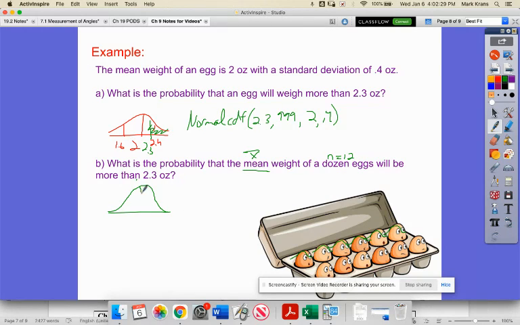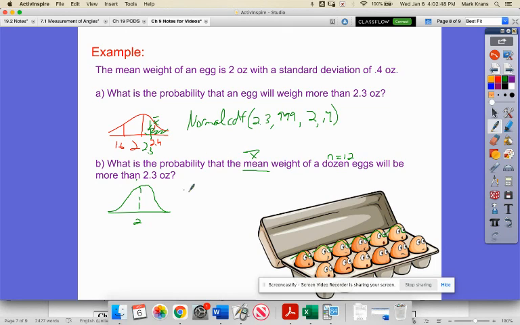And we're going to be centered at 2 still, but now for an x bar to be over here would require 12 eggs all coming from the right side of this distribution, which would never happen. Most likely, you're going to have 12 eggs that are all centered around 2.